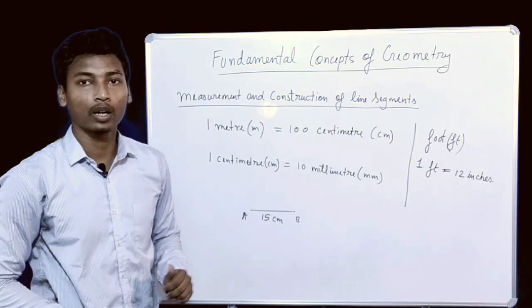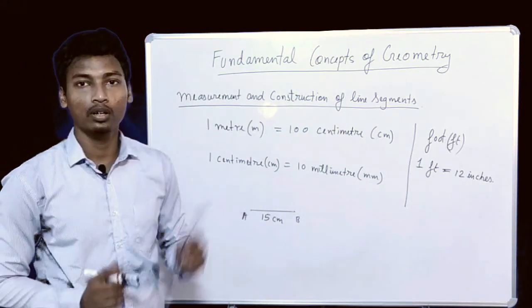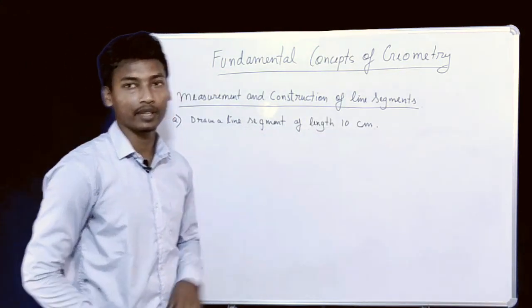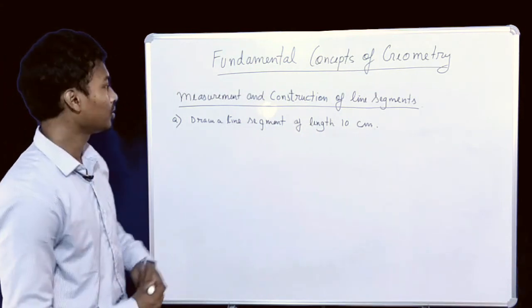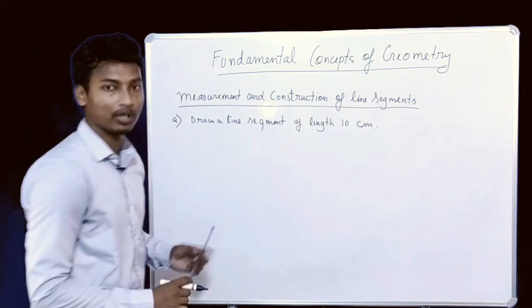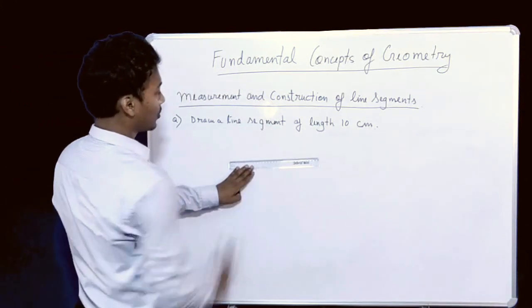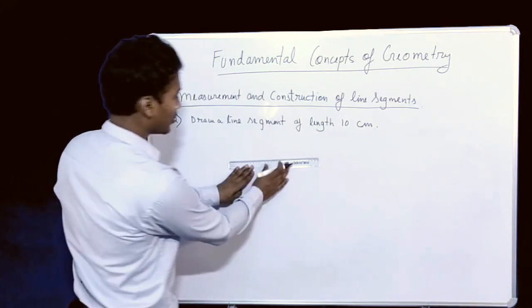Clear? Now we can even construct a line segment using the ruler. Draw a line segment of length 10 centimeter. So we can use the ruler to draw the length 10 centimeter. Let's place the ruler on your paper. So for me it is a board.